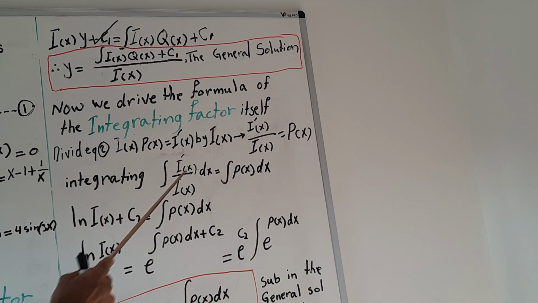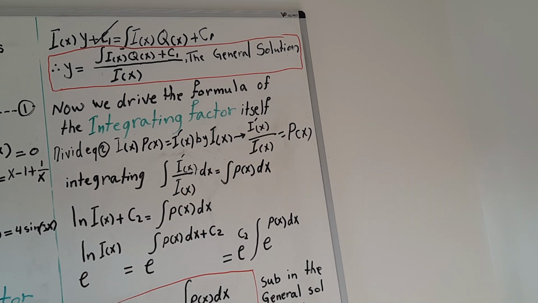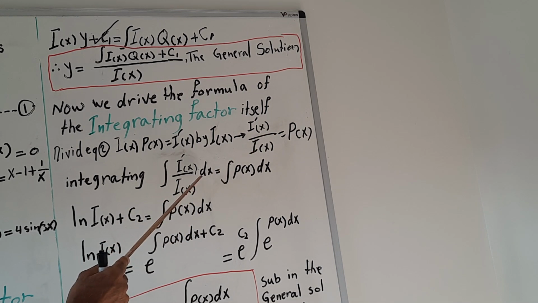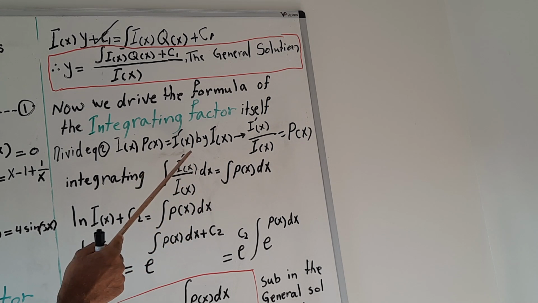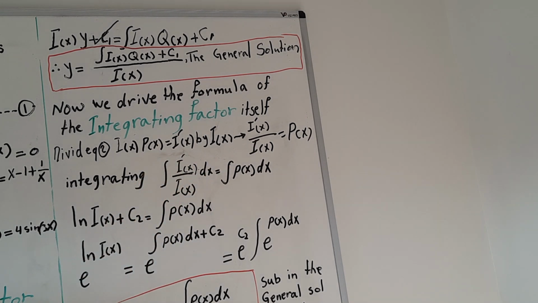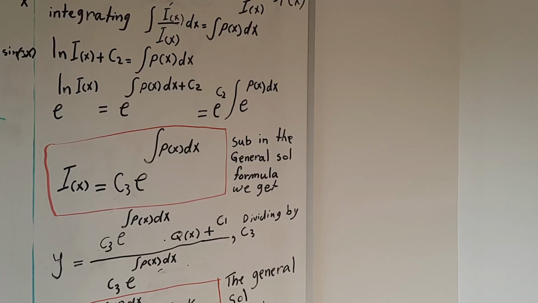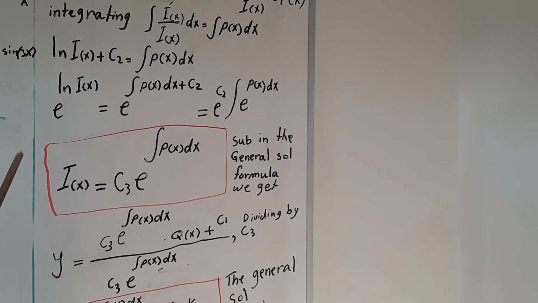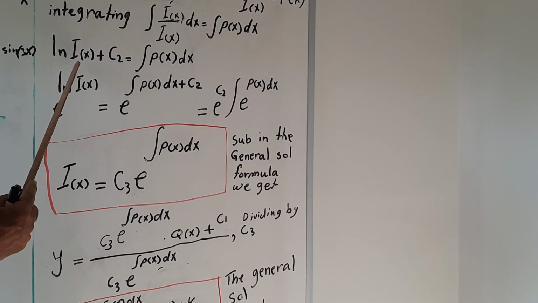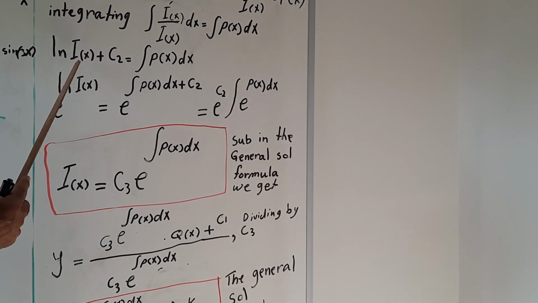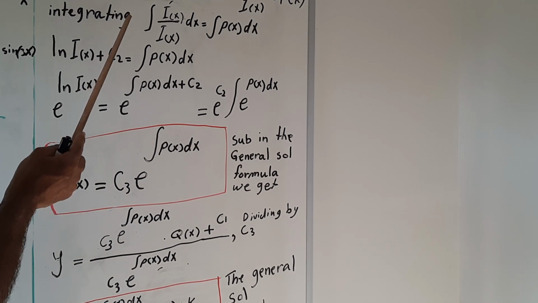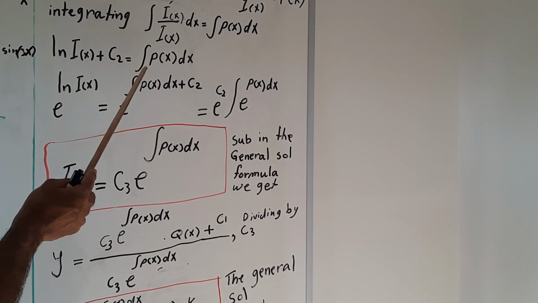Now integrating both sides of this equation with respect to x, we got this, the same, just we put the symbol of integration. This is the integration result: ln I of x plus C2, this is the constant of integration, equals this side.